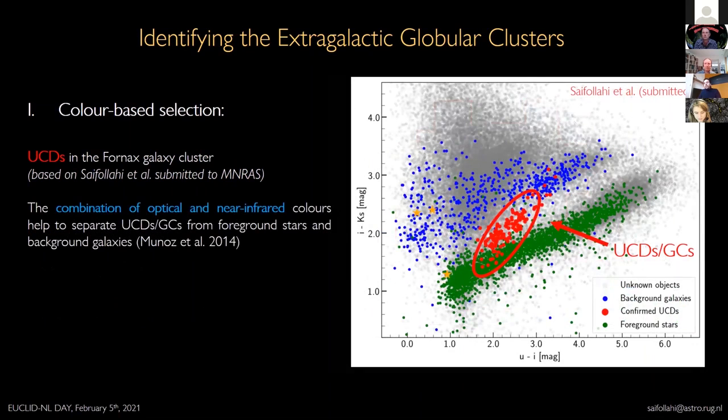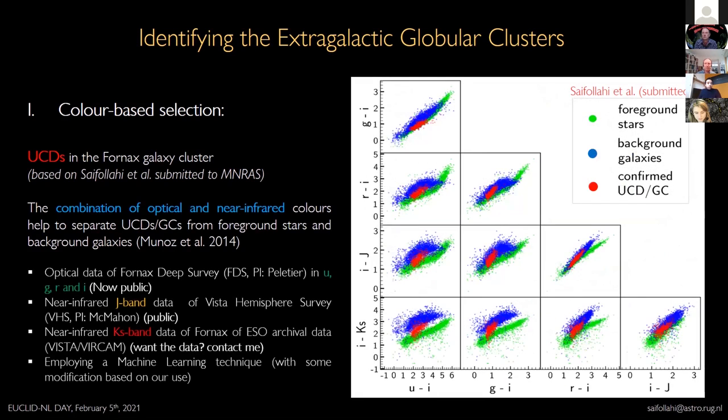But what we know is that when we extend our wavelength coverage to the near infrared, we can separate them from stars and galaxies. For example, in this diagram the red points, again, are UCDs and globular clusters in Fornax. You can see that the combination of these two colors, optical and near infrared, is quite powerful for separating them from other systems. So that's what we did.